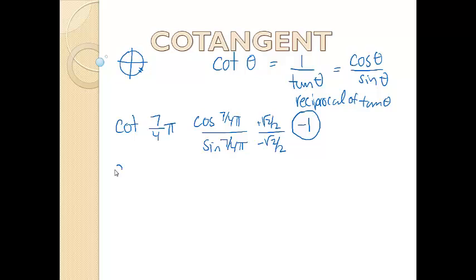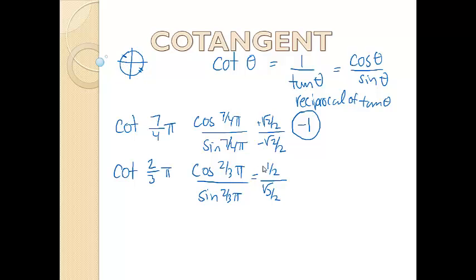Okay, and I'll just do one more example with this one. Let's say I have the cotangent of, let's do maybe 2/3 pi. This is going to be cosine 2/3 pi over sine of 2/3 pi. Cosine is going to be 1/2, and then the sine will be square root of 3 over 2. 2/3 pi is over here, getting close to 1 pi.